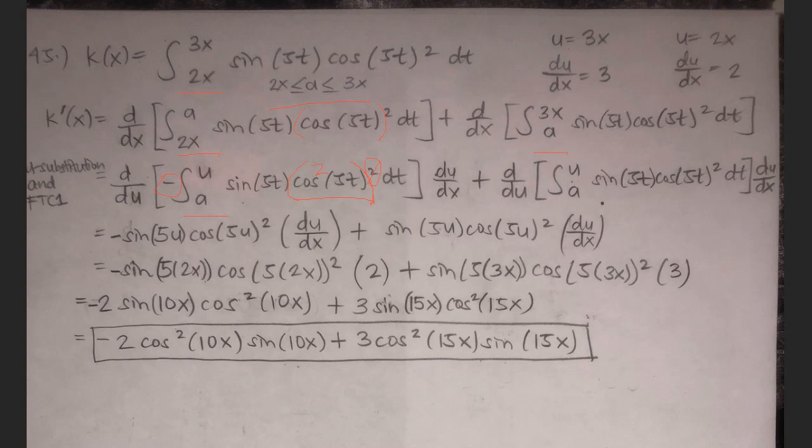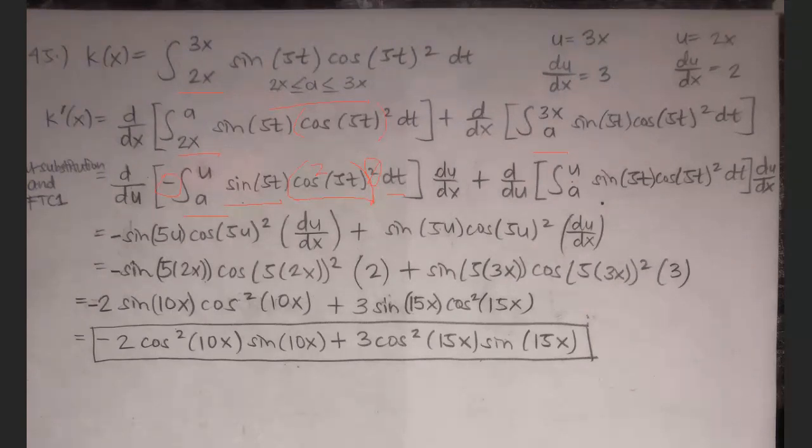So we choose the trig function with the exponent to be u. Then, in this case, the trig function sine has no exponent, so that would become part of du.